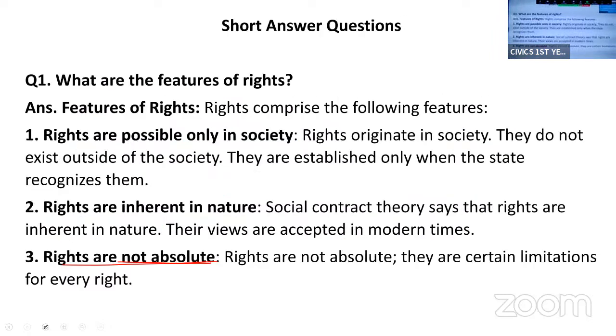We'll have a quick recap of it. Rights are possible only in society. That means outside society, there are no rights. Then rights are inherent in nature. That means they are transferred from one generation to another generation. Rights are not absolute, means certain restrictions or limitations can be imposed on rights. That's why we are saying that they are not absolute.